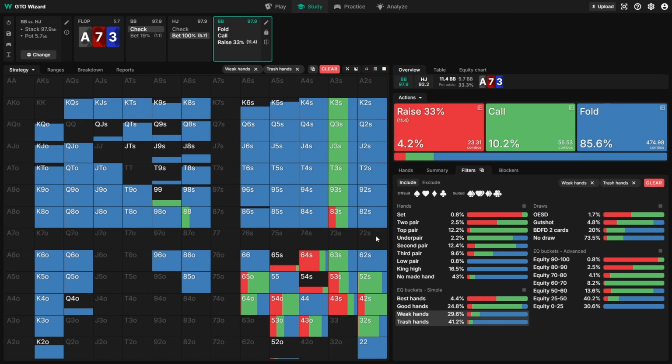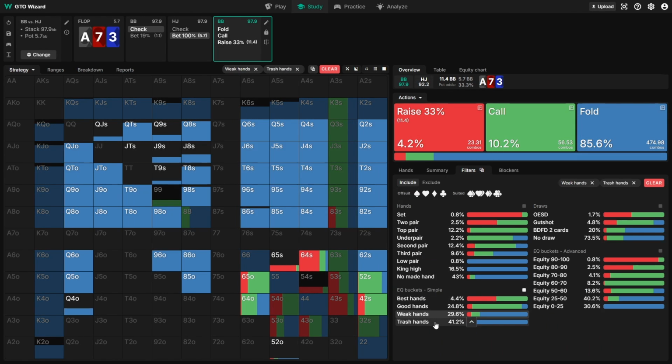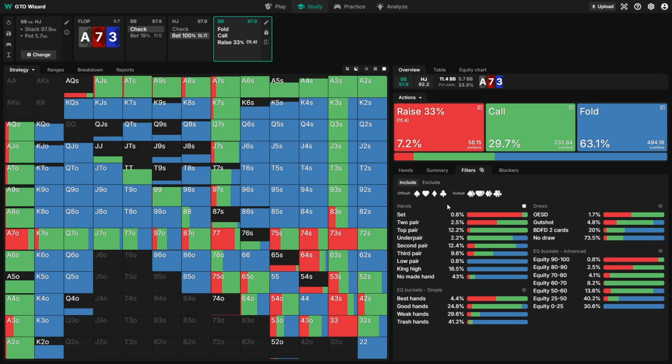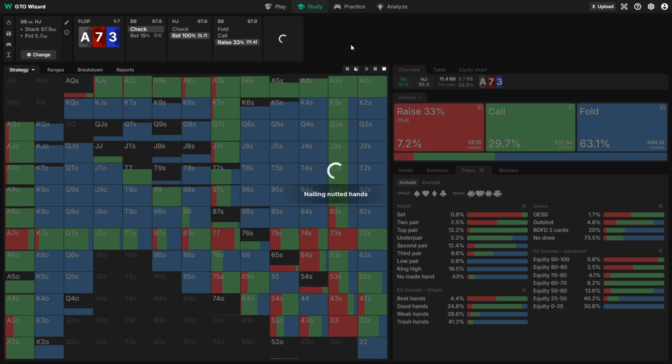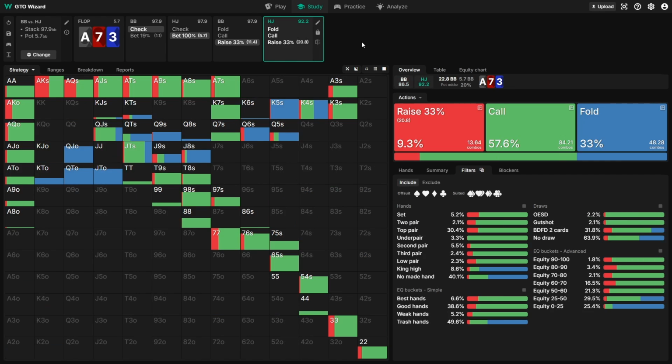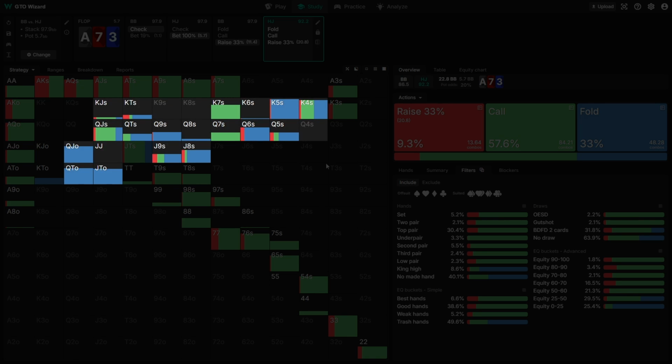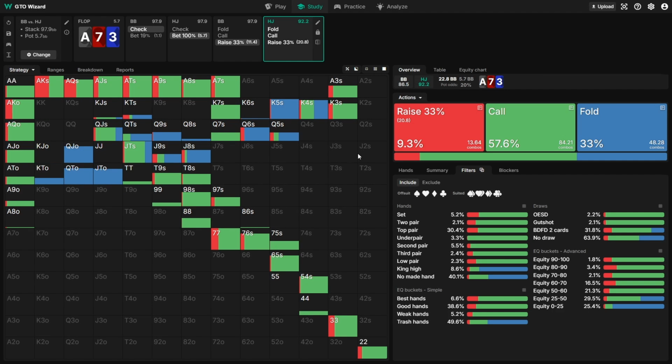So we're folding significantly more often, and our raising range now is still very polar. It's constructed in a way where we're now going small again, so we're targeting basically the bluffs. We're really only going to be able to target the weakest portion of the c-bet range. You can see the stuff that's folding here is basically, once again, the weak backdoors as it was before, except now we are actually just forced to do a lot more folding on top of that.